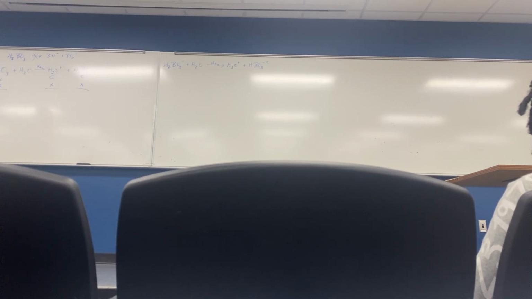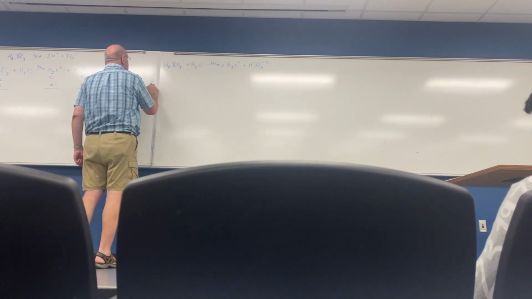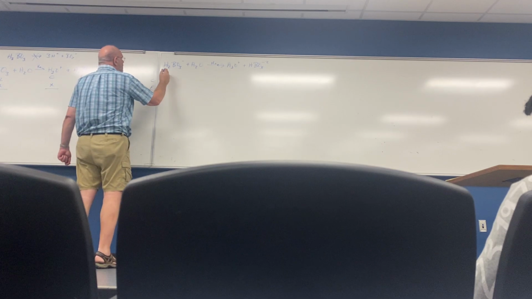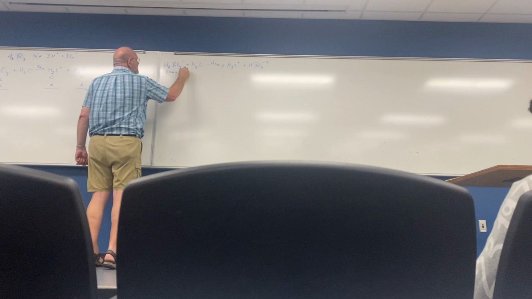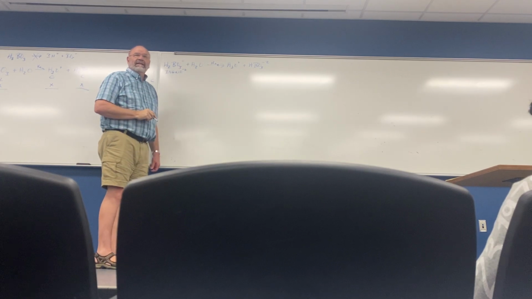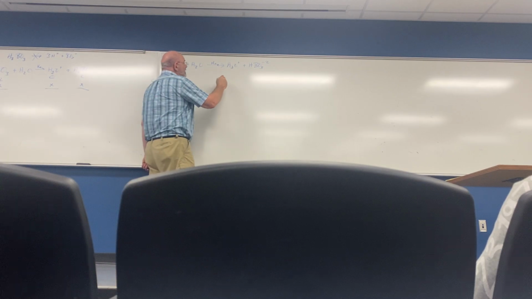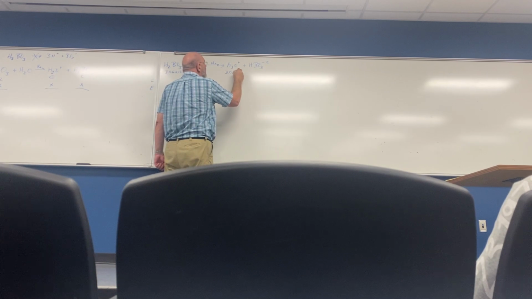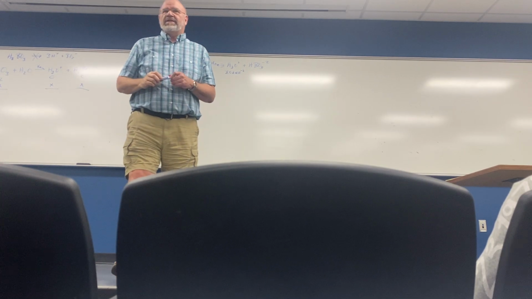Now we got to come over here and do the second one. But look, 3.06 times 10 to the minus 6 is how much of that we have. That actually tells us how much goes on. But we don't start with 0 on the H3O plus.